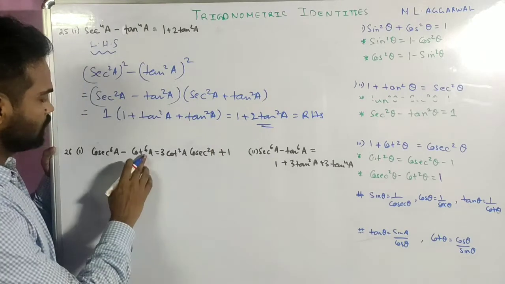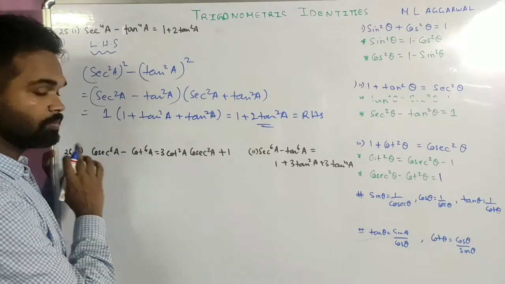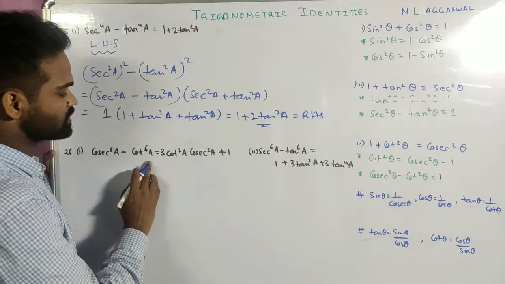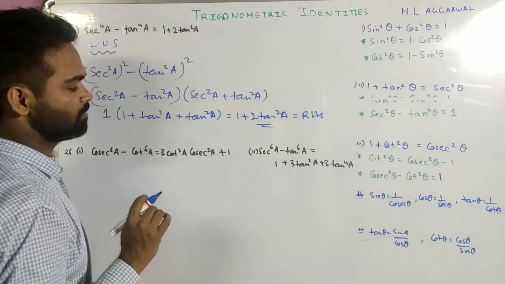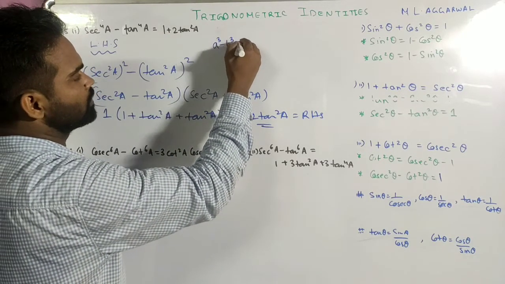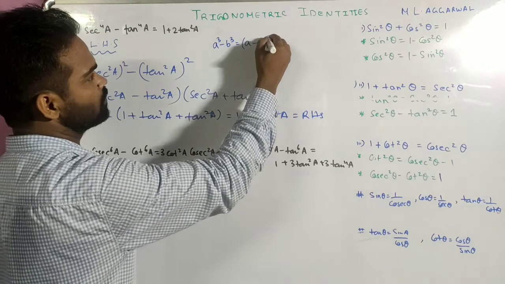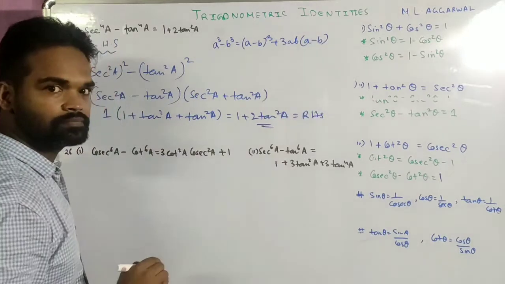Very easy. Look over here. 26 part 1. Prove that cosec to the power 6a minus cot to the power 6a equals 3 cot square a cosec square a plus 1. Now look carefully. We know a cube minus b cube can be written as a minus b whole cube plus 3ab (a minus b). Remember?